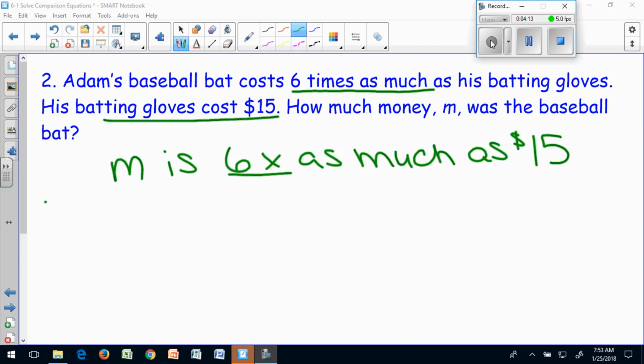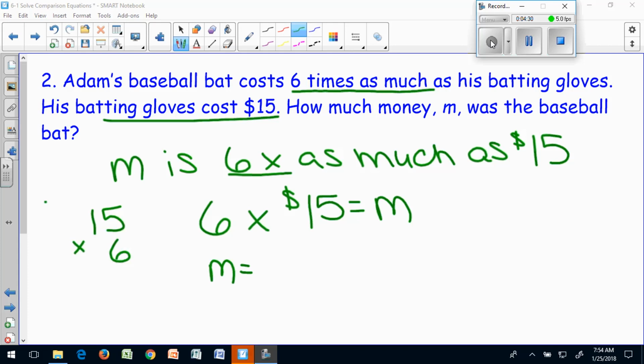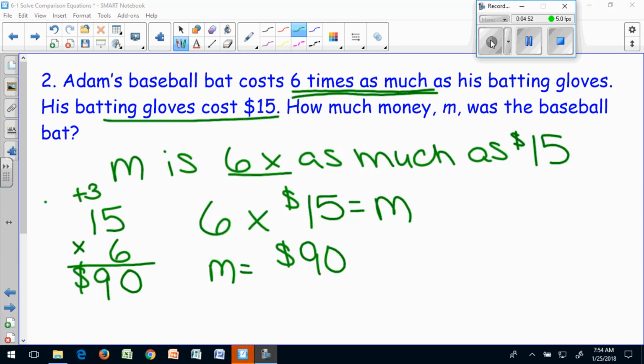And when I look at it in my sentence, that's exactly how I'm going to put it in my equation. 6 times $15 equals M. When I solve 15 times 6, I get $90. So I know that his baseball bat costs $90 and his batting gloves cost $15. And because it said times as much, I knew that I needed to multiply.